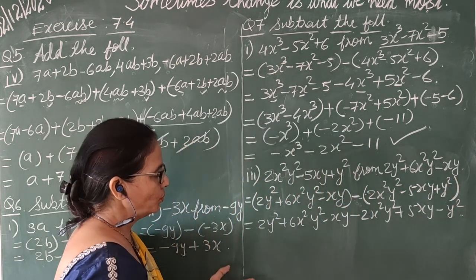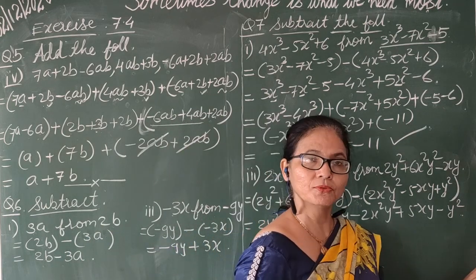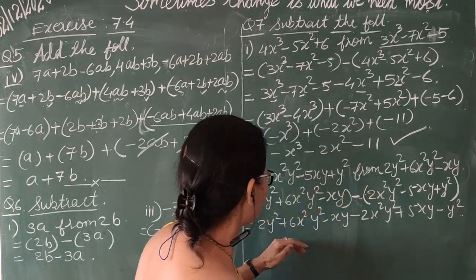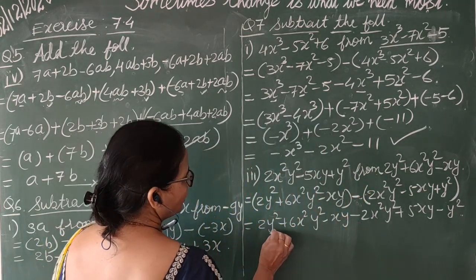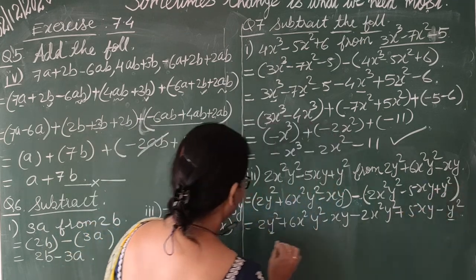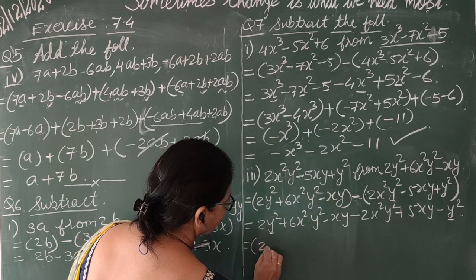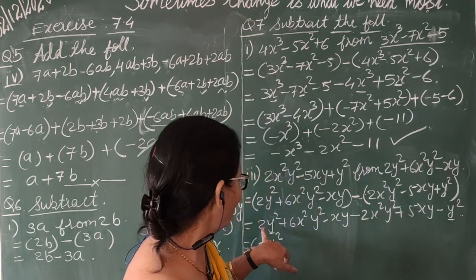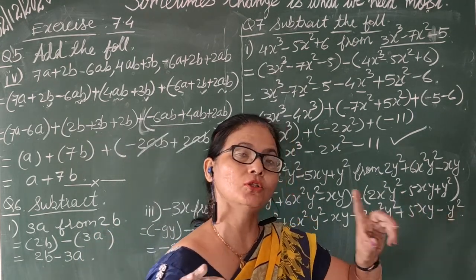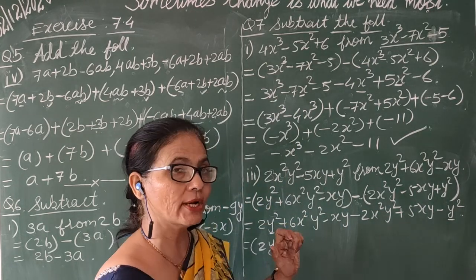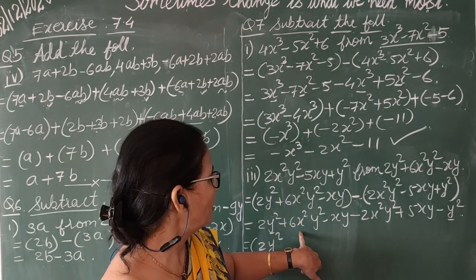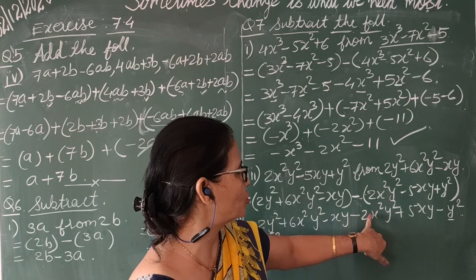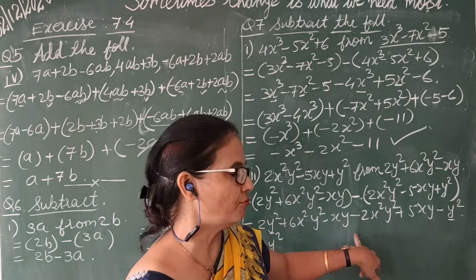Now you have to simplify this step, so you have to collect the like terms because like terms are available there. Here is y square and here is y square. So take a bracket. You can also simplify directly, children. See, 2y square minus y square is equal to 1y square. So you can directly write the answer. In the same way, 6x square y square minus 2, so 6 minus 2 will be 4, 4x square y square.